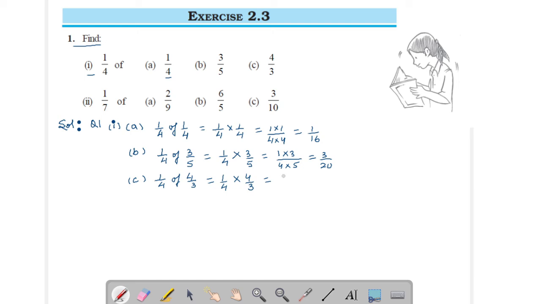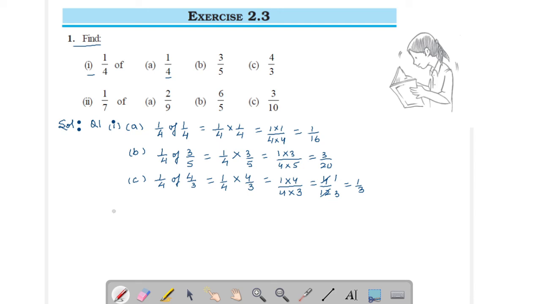Here multiply numerator by numerator, that is 1 into 4 upon denominator by denominator, that is 4 into 3. 1 into 4, it is 4 upon 4 threes are 12. Here you can cancel these terms also. This can be written as 1 upon 3.